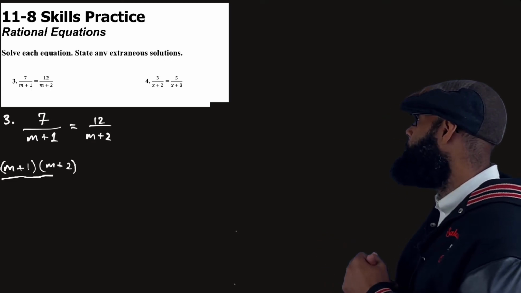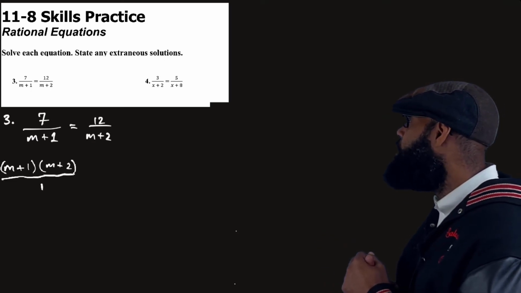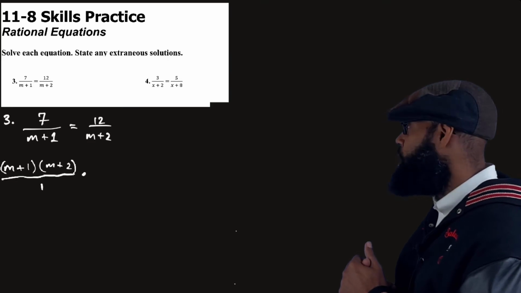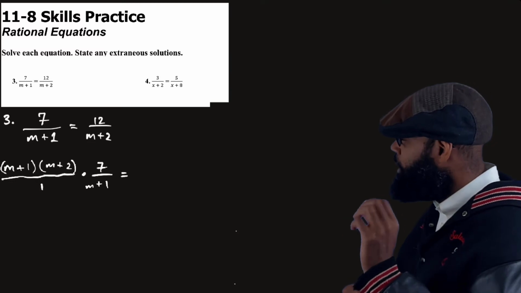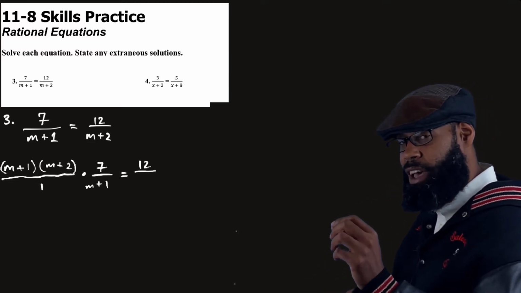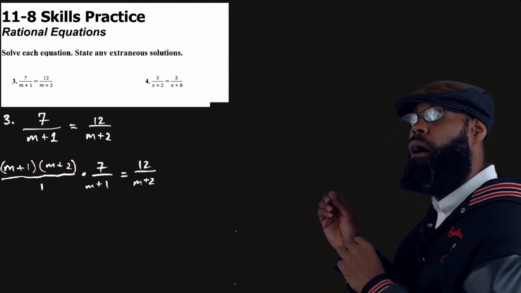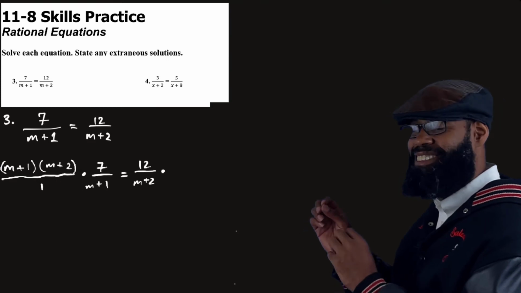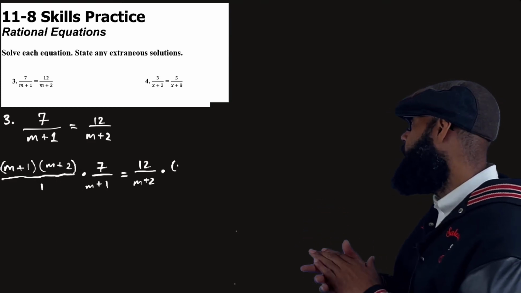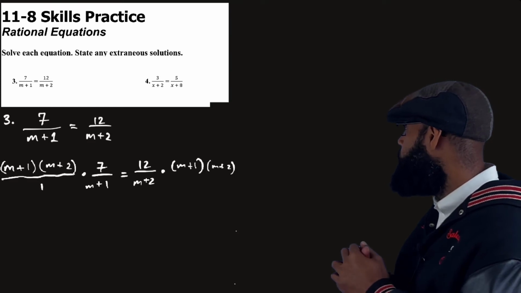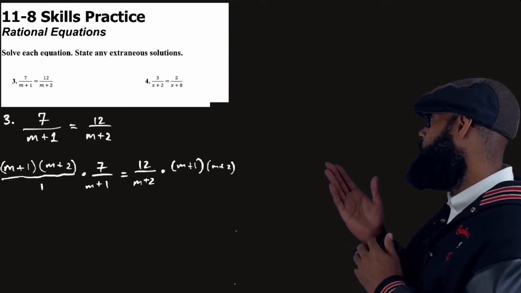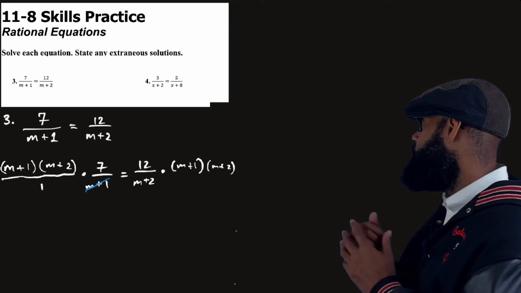But we're using the technique of that common denominator. So m plus 1 and m plus 2, I'm going to multiply that on the left side, and remember what I do to the left side, I have to do to the right side, exactly. So on the right hand side, the 12 divided by the quantity m plus 2 is now being multiplied by the quantity m plus 1 and the quantity m plus 2.